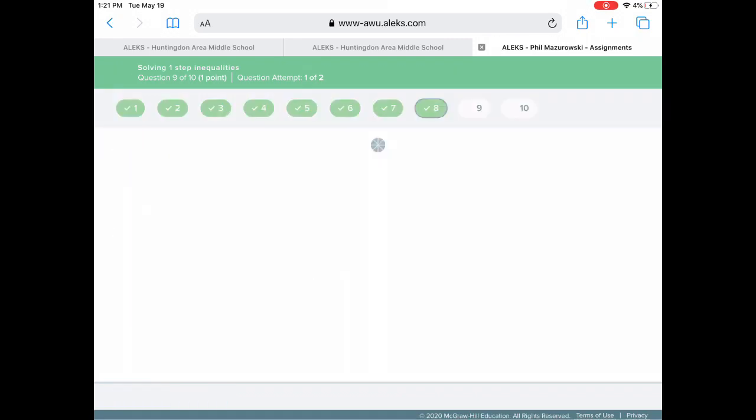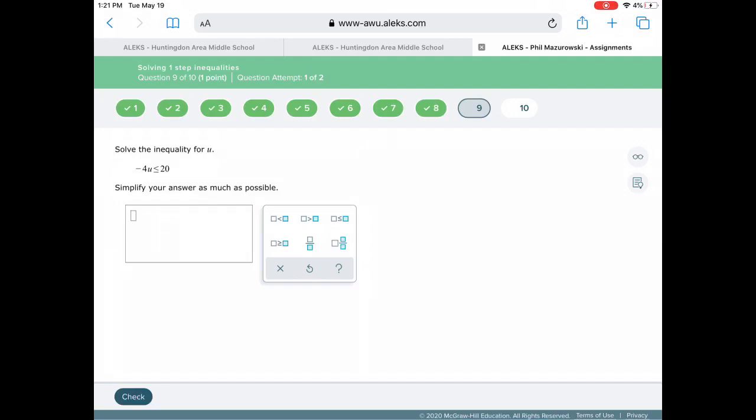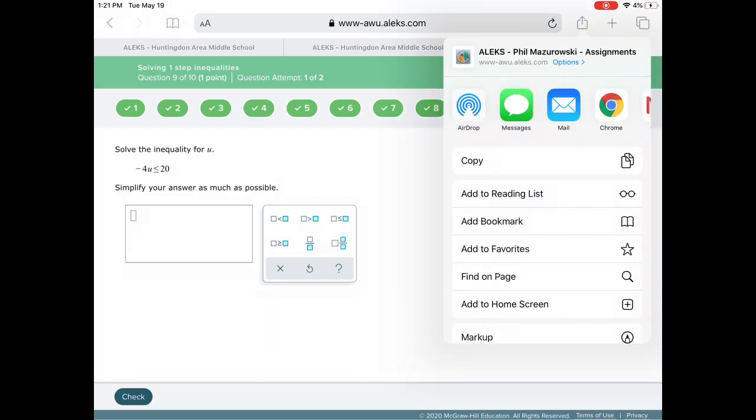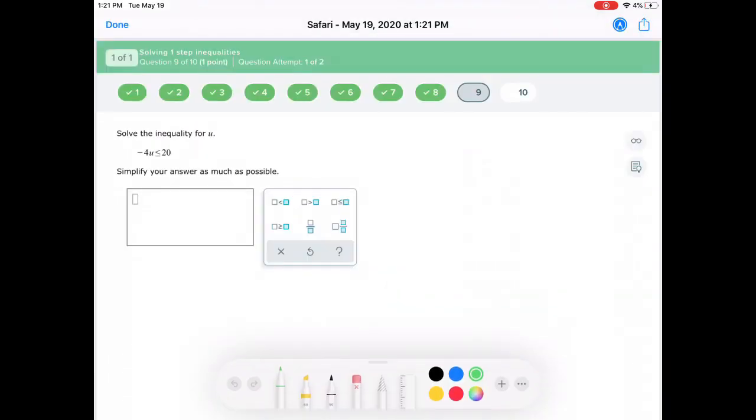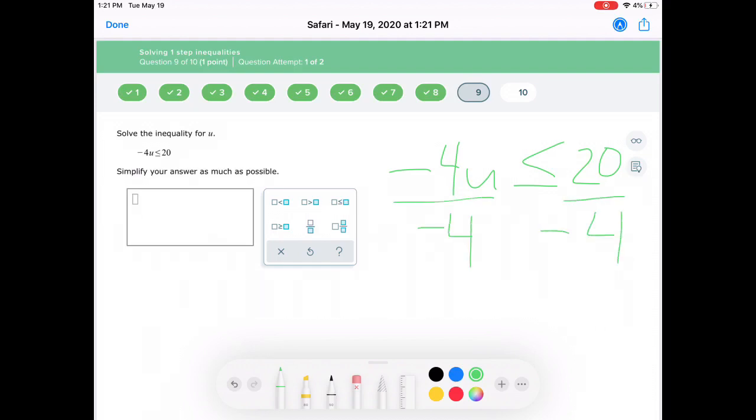Next question. We're dealing with a negative sign, and this is what we were talking about. This is the only time where we're going to change that inequality. So when we have negative 4 times u, we would divide by negative 4 on both sides.